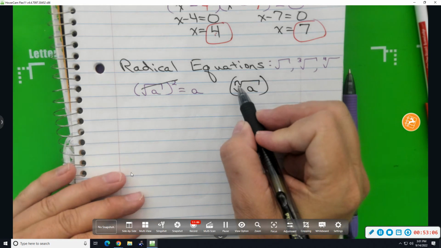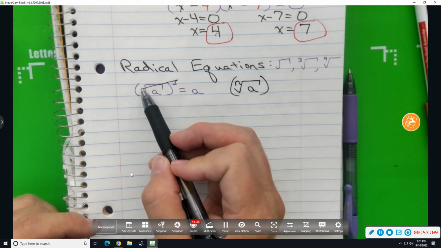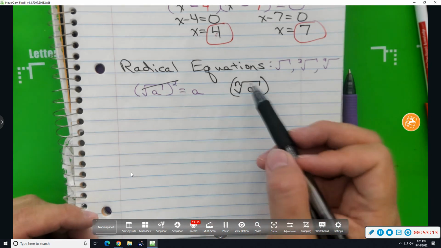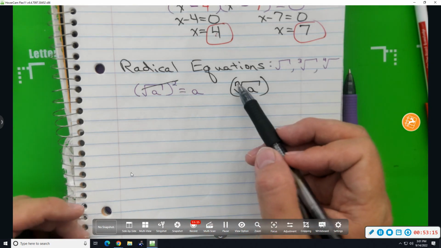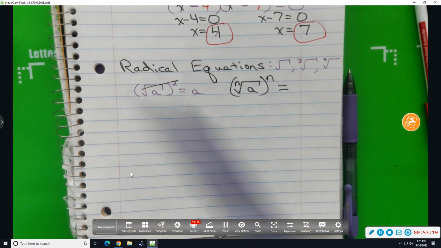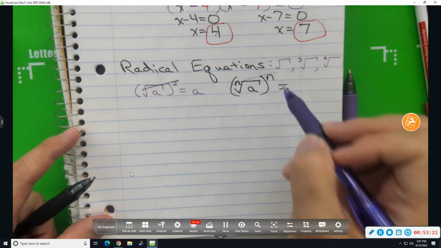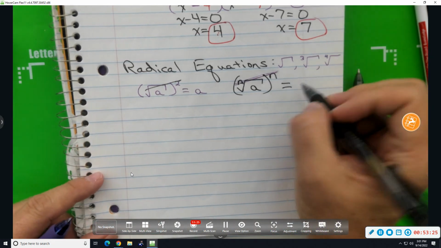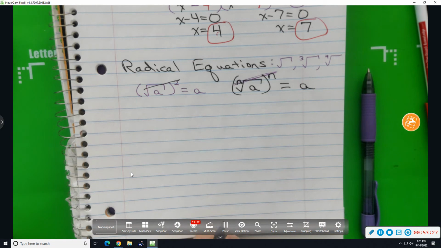If there's no low number there, no index, you assume it's a square root. That's what we're used to. But for the nth root, say a cube root, you'd have to raise that to the nth power to cancel itself out and still leave us with that a there under the radical.